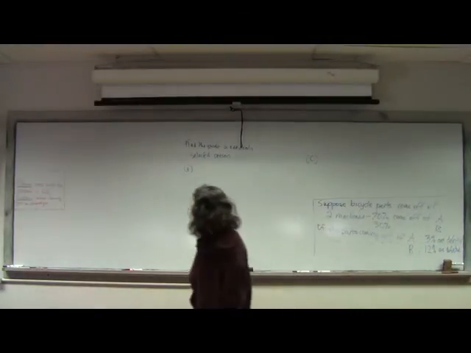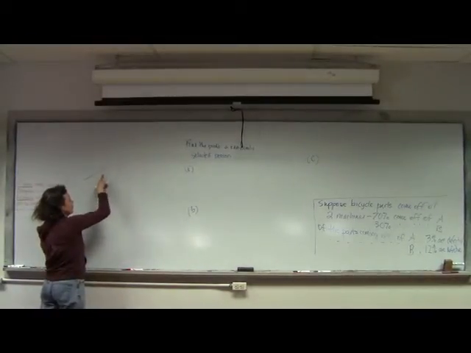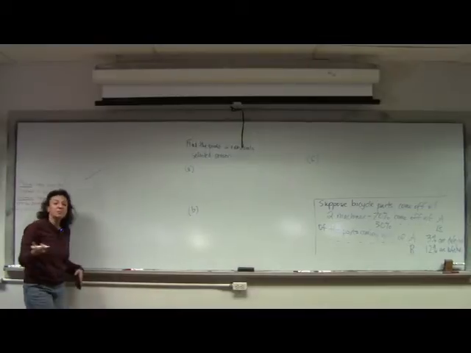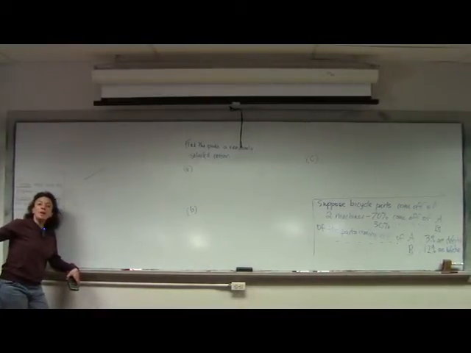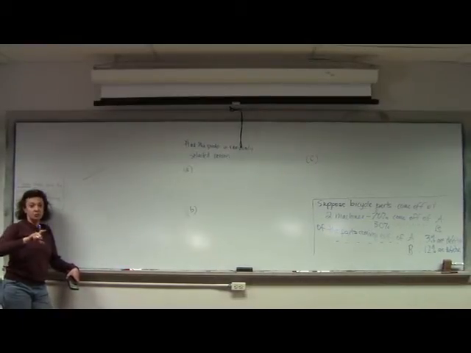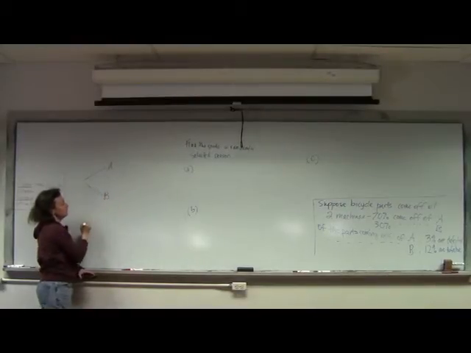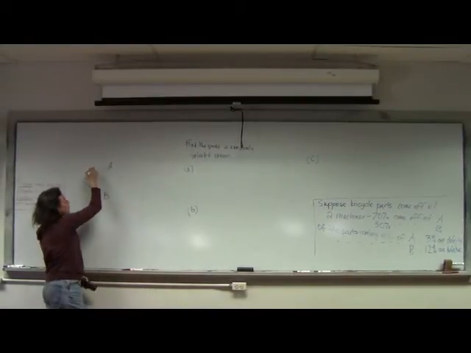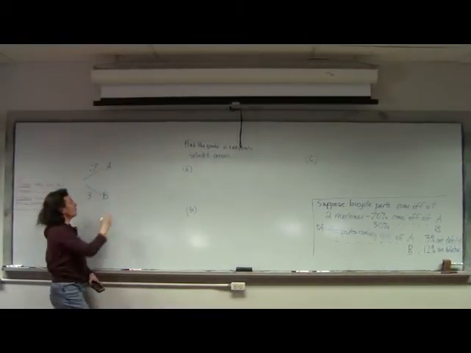Okay? So I think you'll grant me that the first situation or the first branch of our tree is whether or not the parts come off of A or B. Because the probability of them being defective depends upon which machine they came off of. So first we have A and B, and this is 0.7 and this is 0.3. Notice they add up to 1.